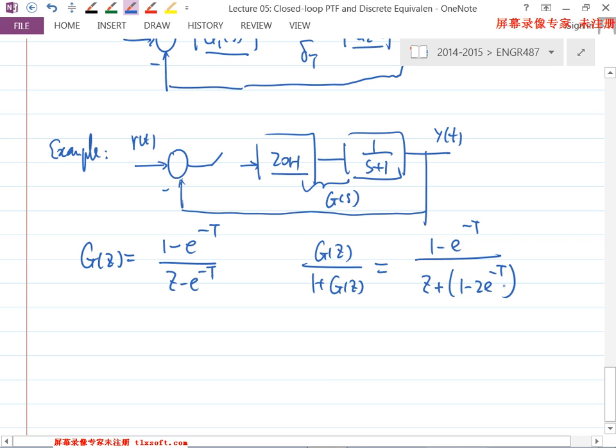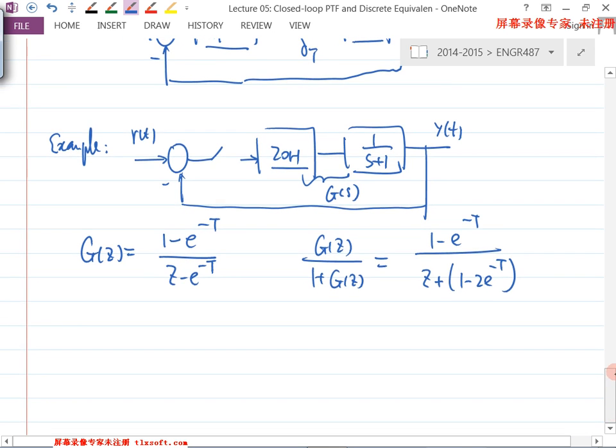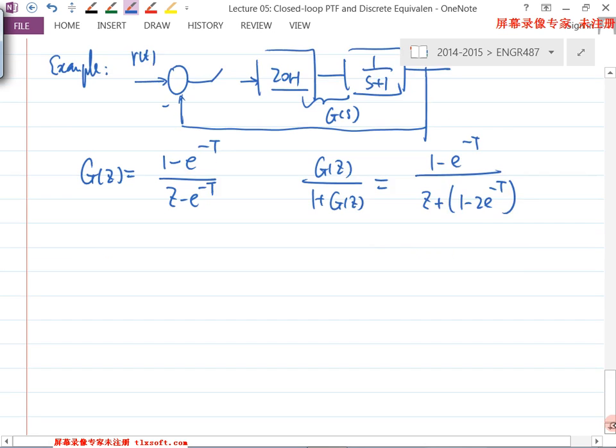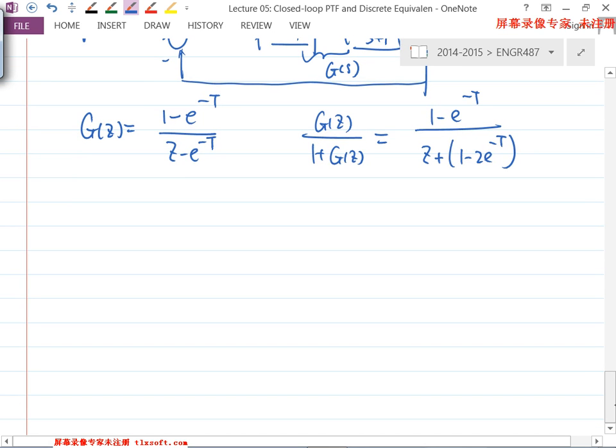All right, in the future we're going to learn about stability of the system. Now, in terms of stability of the system, let's very superficially touch upon that issue right here.